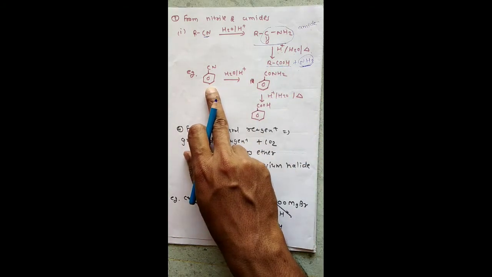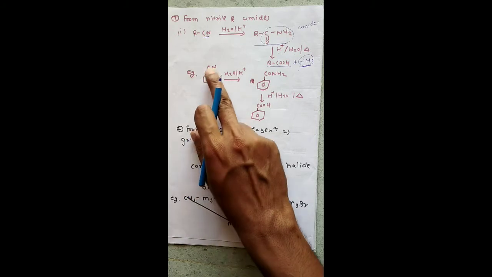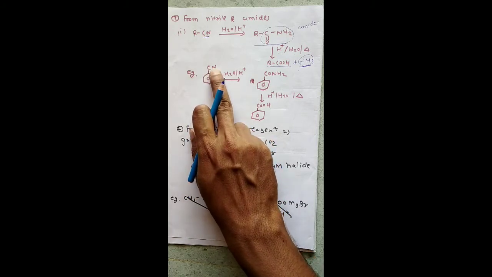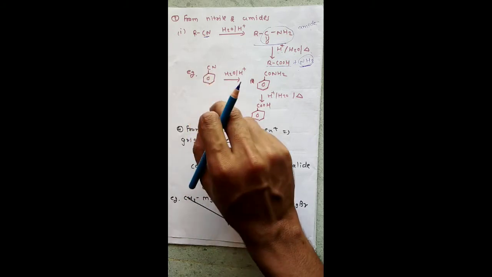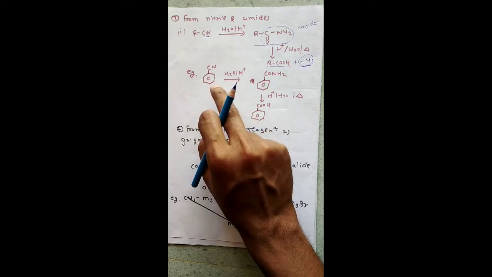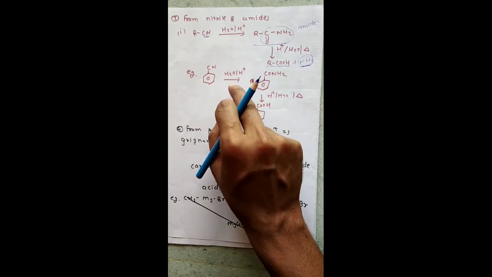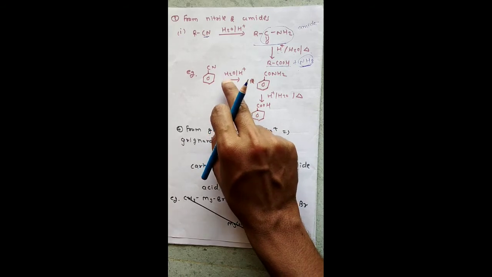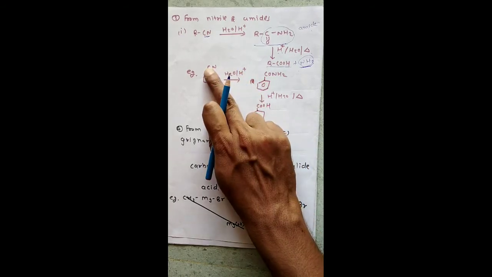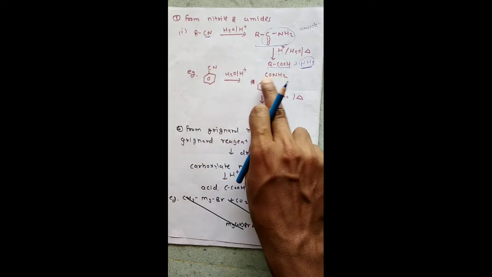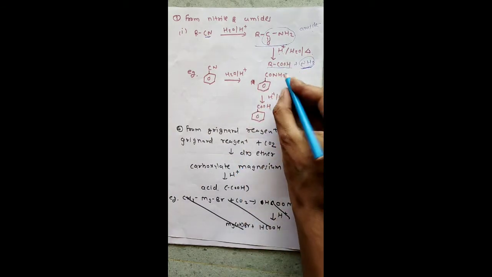I have taken cyanobenzene. On the benzene ring we have CN, it is cyanobenzene. When we perform the hydration reaction, what happens here? Instead of CN we got CONH2, so benzamide.